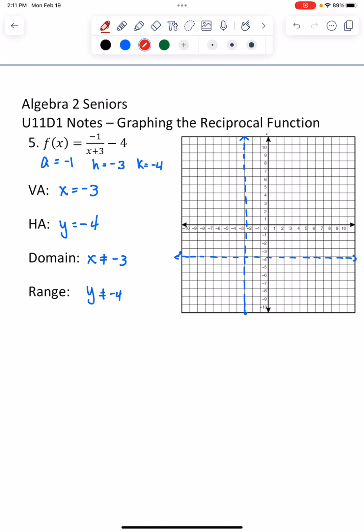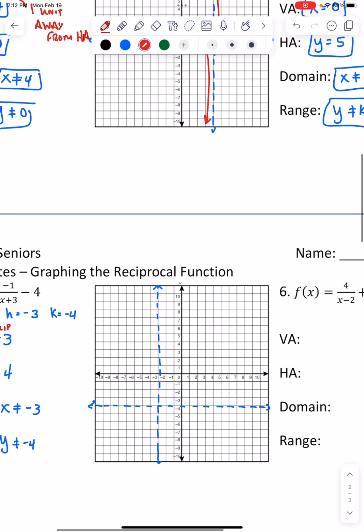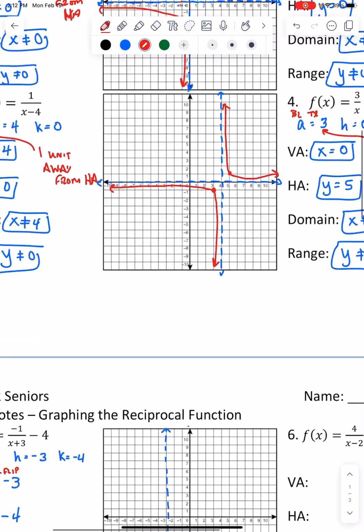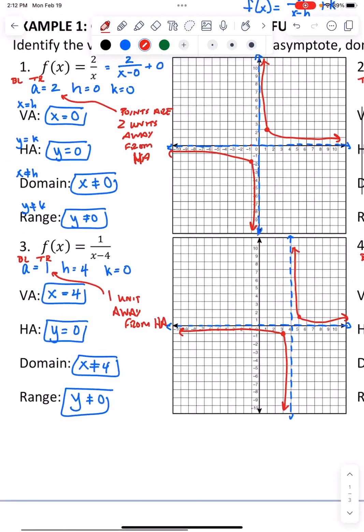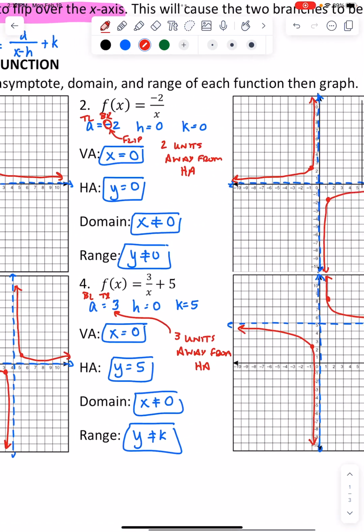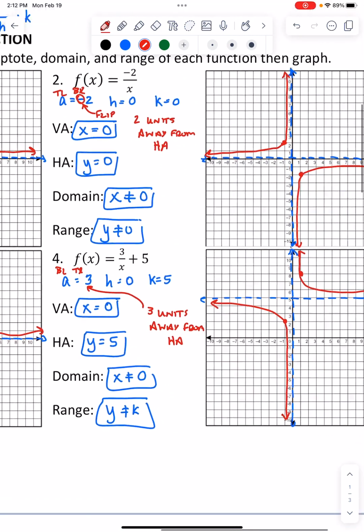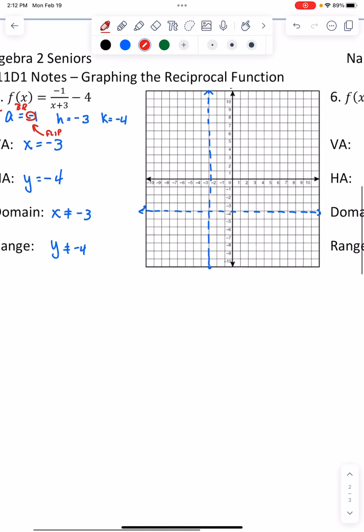Okay, and we look at our a value, so it's negative, so again that means we got to flip. So now instead of bottom left, it's top left, and instead of top right, it is bottom right. Okay, right? So we look back at our -1, top left, bottom right, what we're dealing with there.